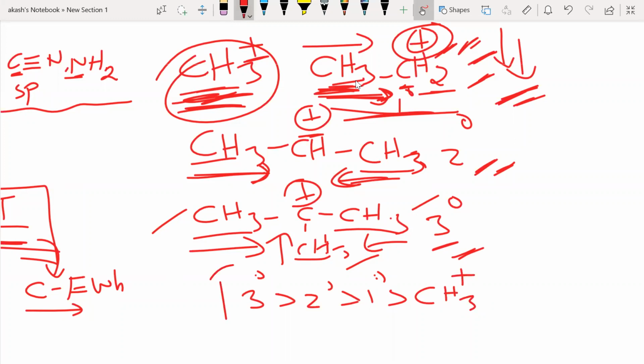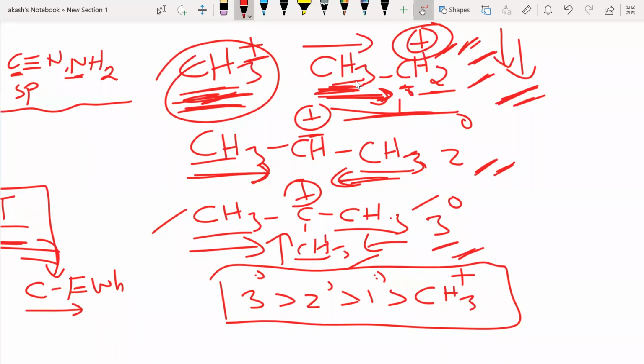This is the order of stability for carbocations: tertiary is more stable than secondary, secondary is more stable than primary, and primary is more stable than methyl. You will not need to memorize this, it's purely logical.